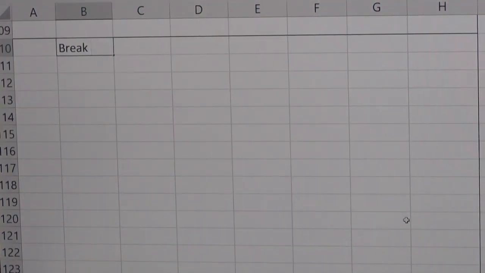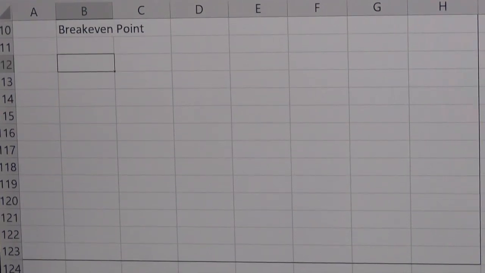The next thing we can talk about is break-even point. And you know, in many cases, management wants to know, well, what level or what quantity do I have to sell to at least break even?